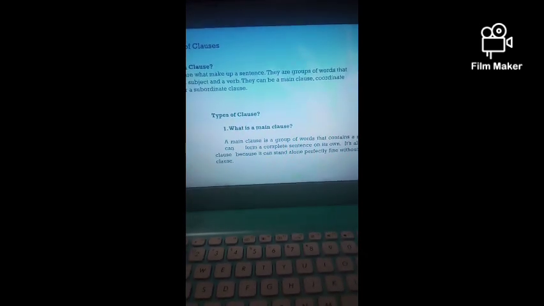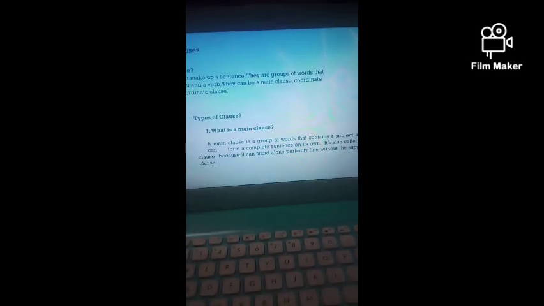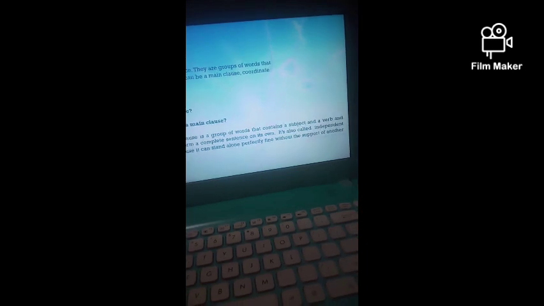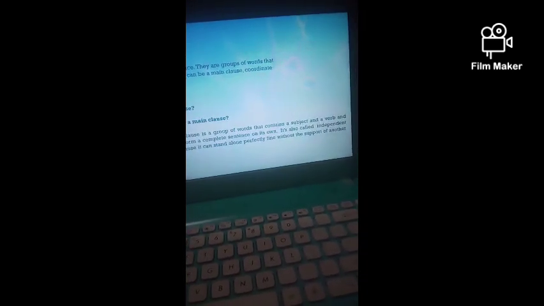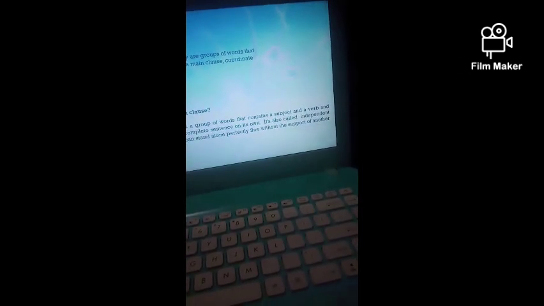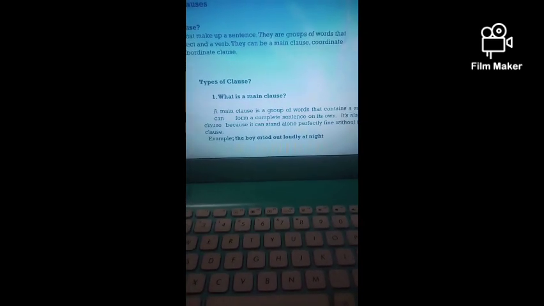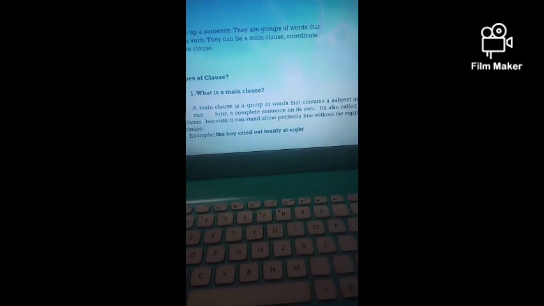A main clause is a group of words that contains a subject and verb and can form a complete sentence on its own. It's also called an independent clause because it can stand alone without the support of another clause. For example, the boy cried out loudly at night.